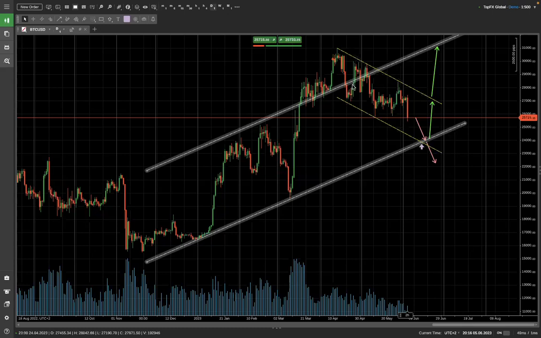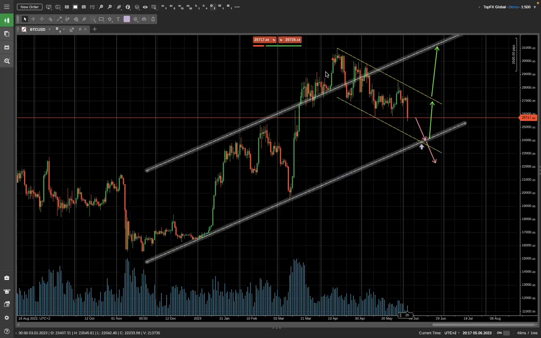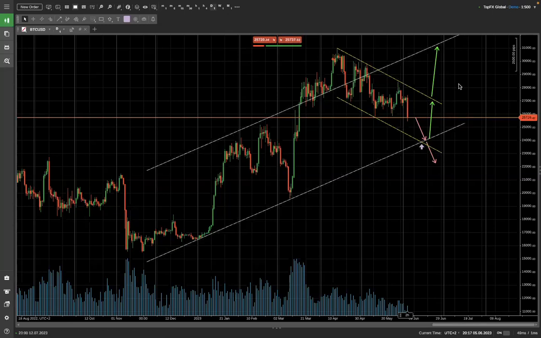We can see the historical evidence here. This is the upper channel area, and then we go down, and then again we go down. Then another attempt to break out at the upper channel line, which is called the resistance line. Down we go. And of course the other way around, it works for the ascending channel.